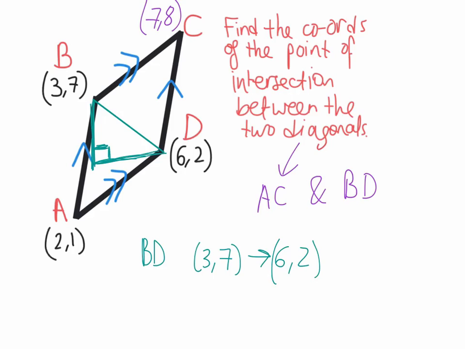Where we have gone vertically from 7 to 2, so that's a distance of 5. And we've gone across from 3 to 6, which is a distance of 3.